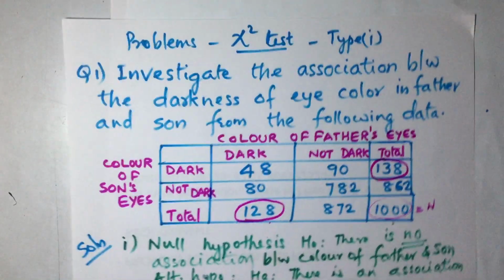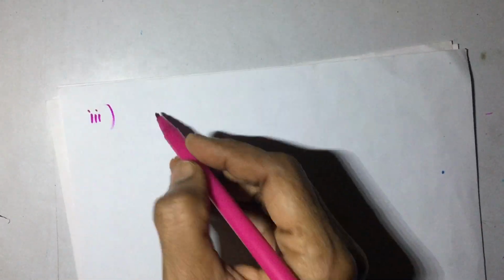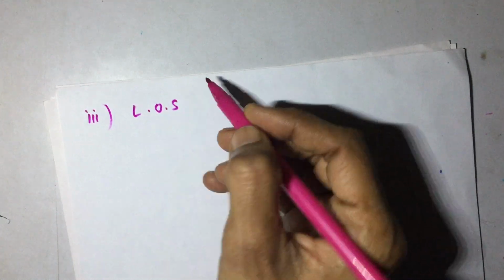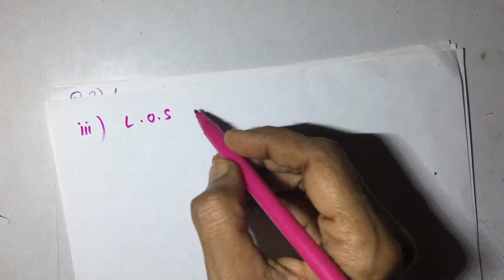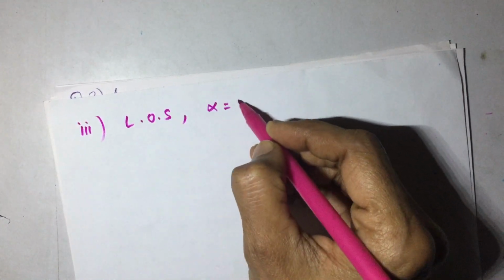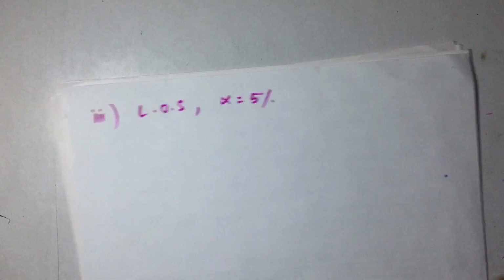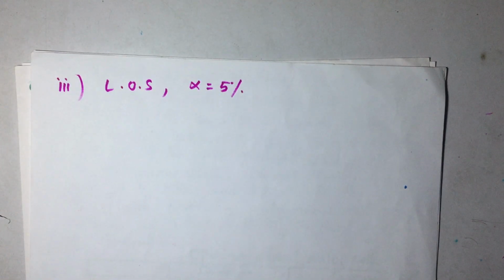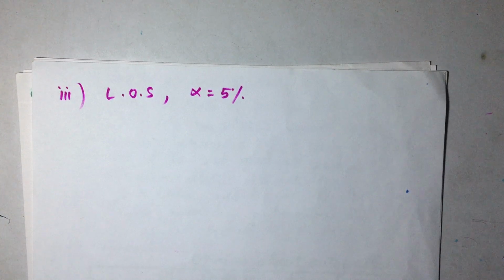So you calculate the test statistic. Now, like in the previous question, you need to get the level of significance. As I told earlier, if it is not given, choose it as a value of your choice. So that is 5%, that means 0.05.